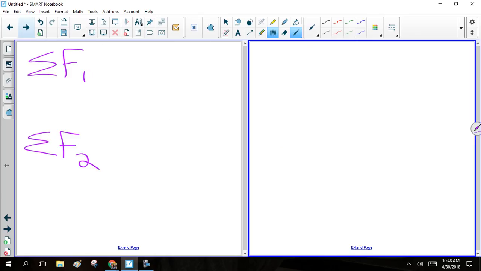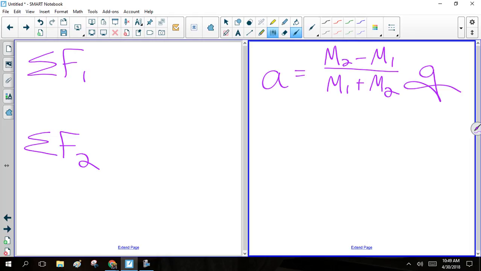On that previous page, we decided that acceleration is (m2 minus m1) over (m1 plus m2) times g, right? And so we need to graph something so that the slope could be used to find g. So if you think of y equals mx, our goal is we want g to be our slope.